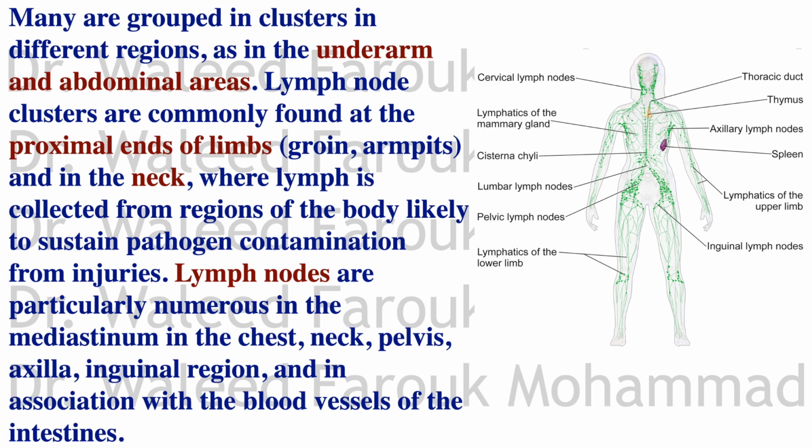Lymph nodes are present in clusters, especially at the beginning of the limbs. That means in the axilla, for example, for the upper limb, the superficial and deep inguinal lymph nodes at the beginning of the lower limb, and at the neck.